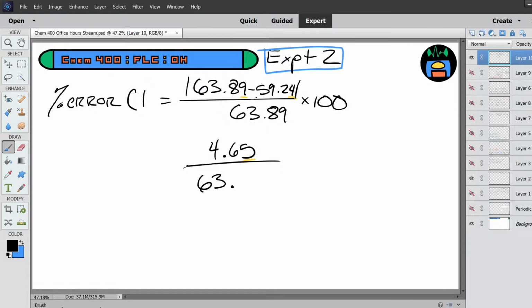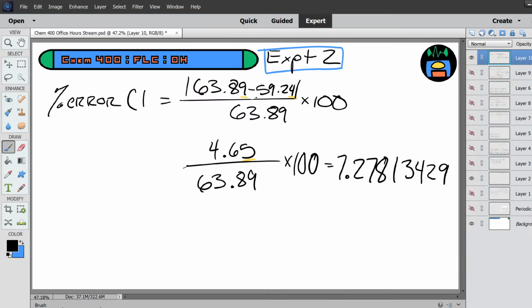This is over 63.89 times 100. So divided by 63.89 times 100. This comes out to be 7.27813429. We have 3 sig figs in our numerator. We have 4 in our denominator. So we have to limit our answer to 3.